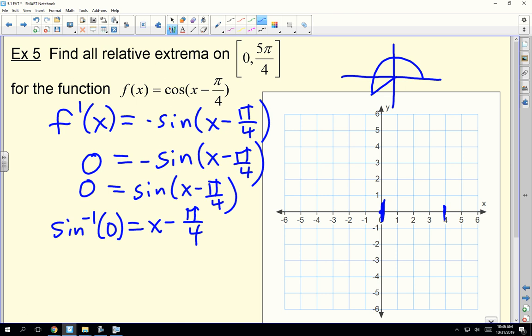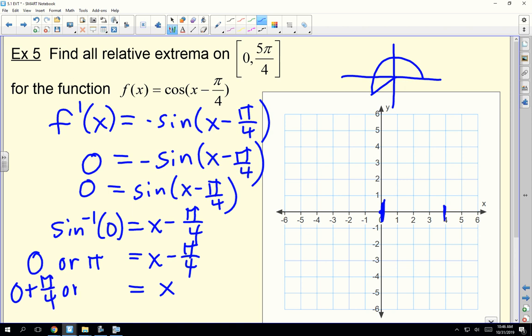There's 2 places, at 0 and pi. So you've got x minus pi over 4 equals that, and then solve for x. You add the pi over 4 over. So what are my 2 values of x that are critical points? 0 plus pi over 4, or pi plus pi over 4.